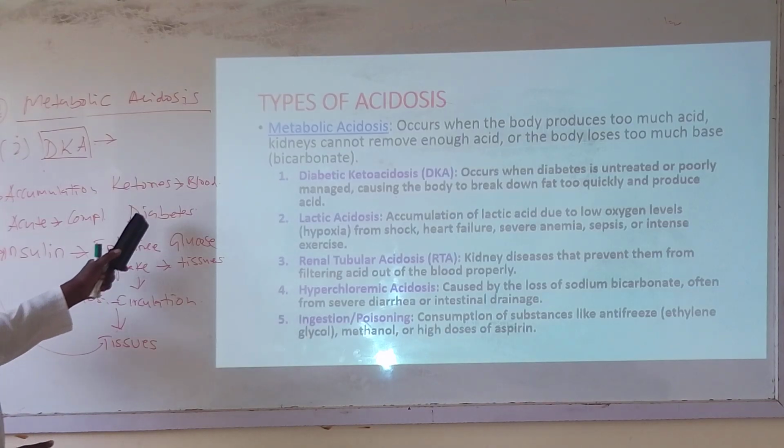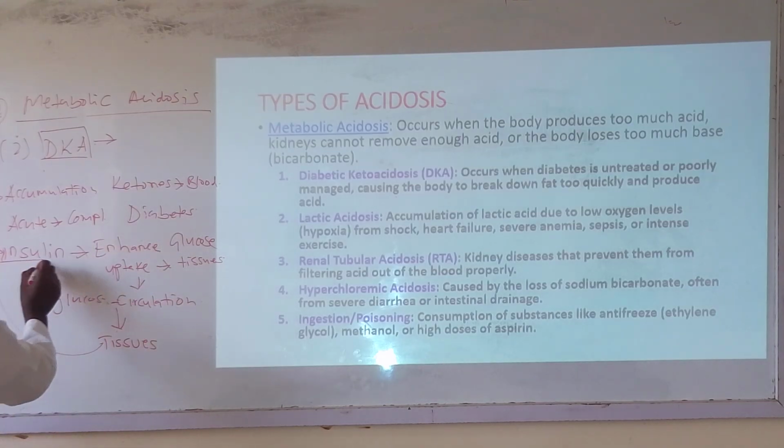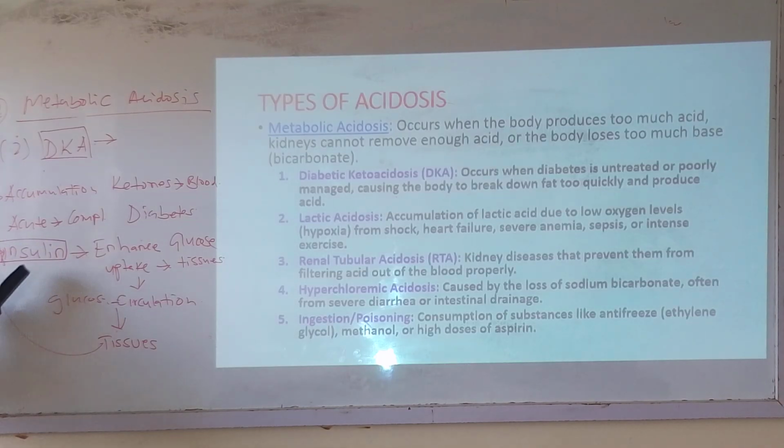So in diabetes, there's a problem in insulin. The patient either has no insulin, or it is insufficient, or it is non-responsive, depending on the type of diabetes. For example, in type 1, there is lack of insulin, but in type 2, there is insulin which is non-responsive to receptors.